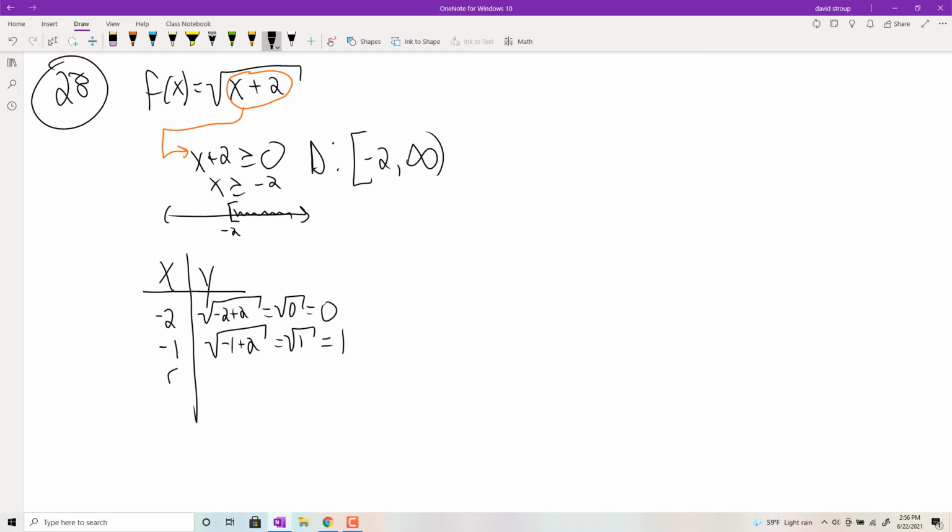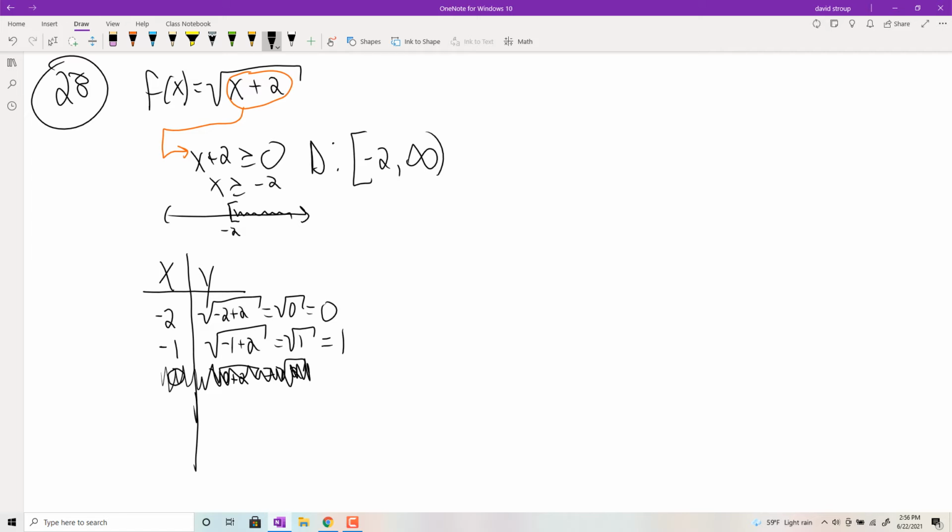But if I try to plot 0, that's where I'm going to skip numbers like that, because that's going to be root 2, and I don't clearly know where that is. You could get a decimal approximation, but I try to avoid using my calculator when I can. So I'm going to pick strategically.